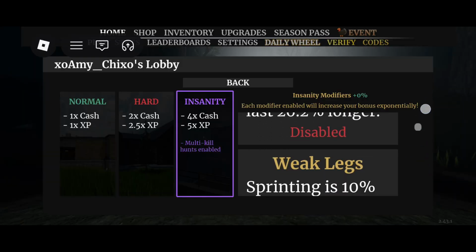For insanity difficulty, you can also add an insanity modifier, which increases the money and experience that you gain when you finish the match. That's it for the lobby, I guess.